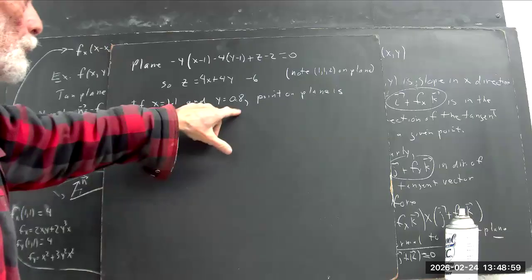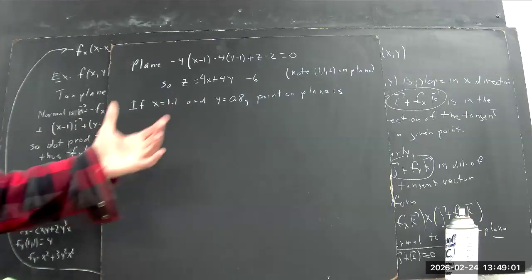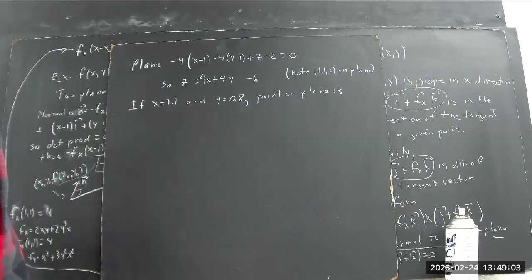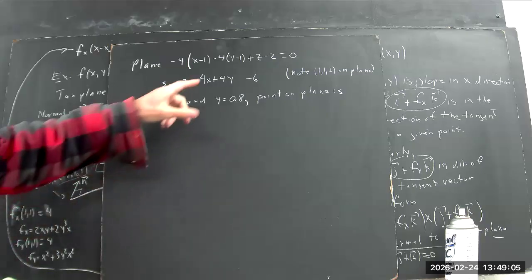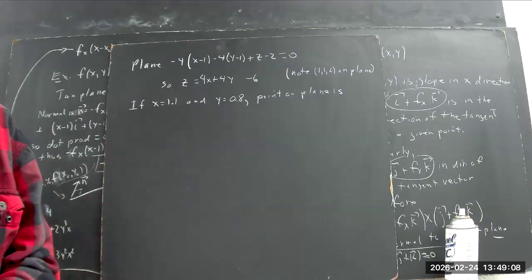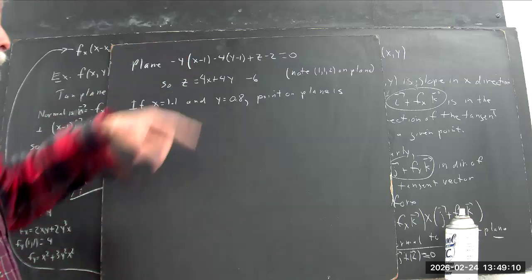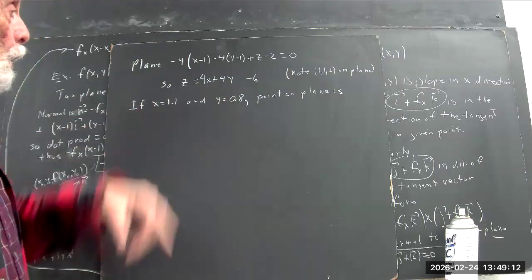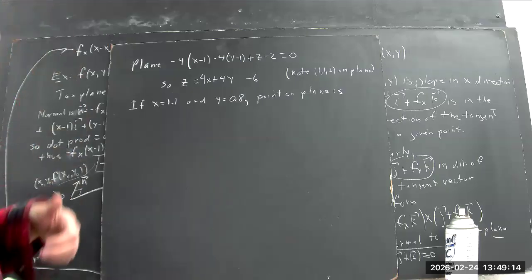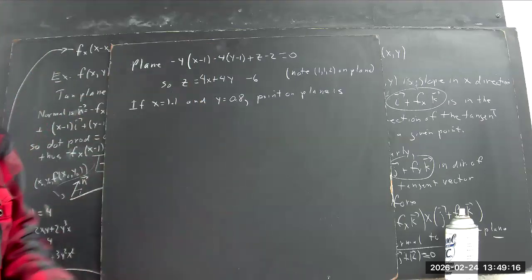Now, if x equals 1.1 and y equals 0.8, what's the point on the plane? Well, we plug 1.1 in for x, right? Then we're going to get 4.4 instead of 4. Plug in 0.8 for y, and we're going to get 3.2 instead of 4.